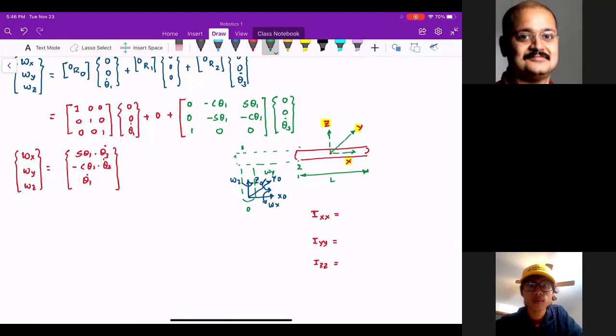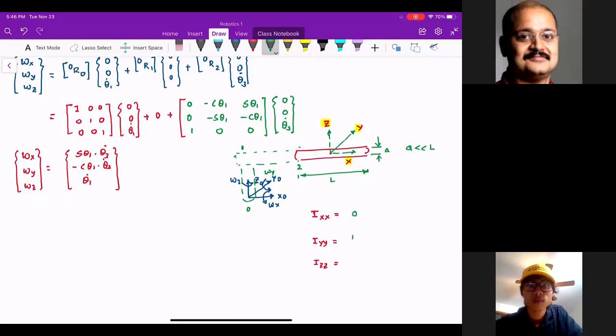So assuming this is a slender rod, which means the length is the most important dimension. This dimension is very small. This dimension is say maybe A. A is less than L. Then what you have is IXX is actually 0.